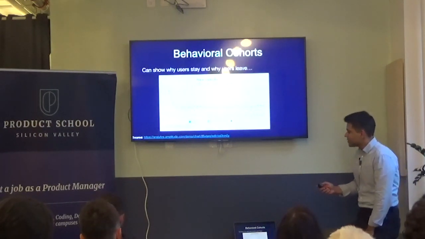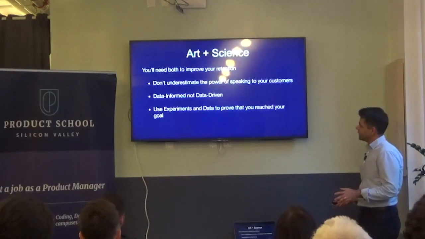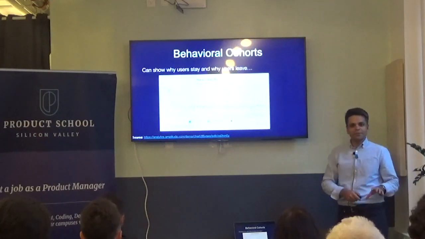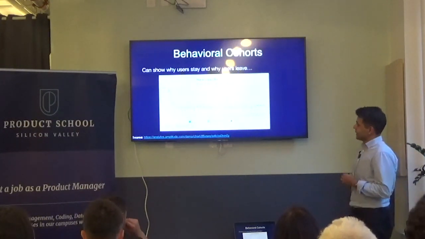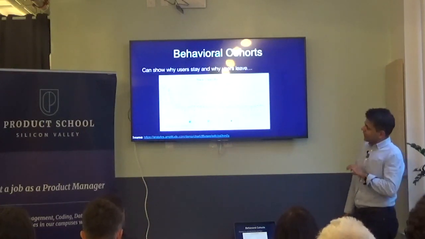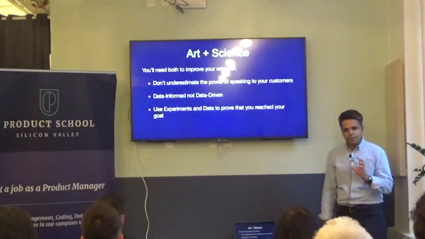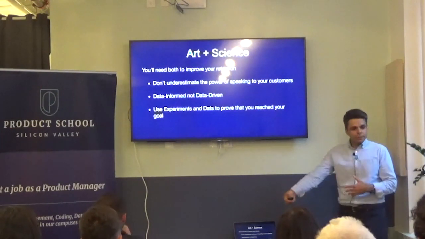An important thing to note though, so the data is great here. There are some perverse incentives that you want to be careful of not over-relying on. And this is where I think product is a bit of art plus science. So you have these numbers, and there's something you want to go to.